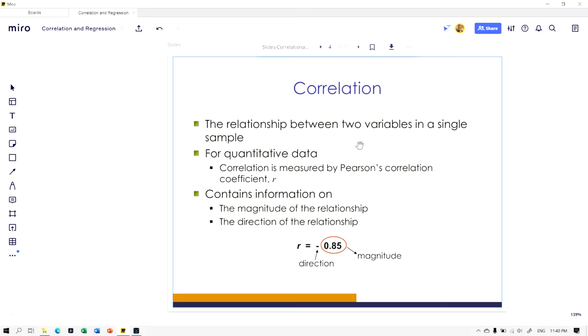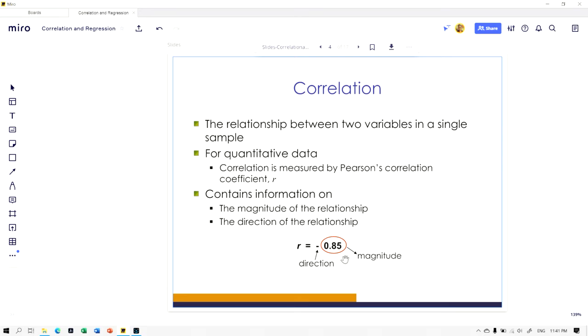First is the magnitude of the relationship, how big or how strong the relationship is, and second, the direction of the relationship. The magnitude is given by the number, in this case 0.85, and the direction is given by the sign of that number.